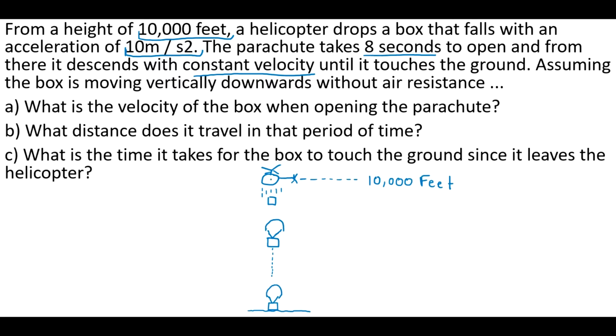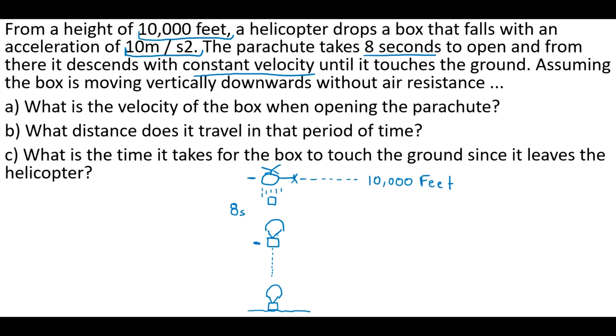Now, there are very important things to consider before we begin with the problem. So from this point to this point, we got 8 seconds. And 10,000 feet, okay, this is the total height. And this box has acceleration.